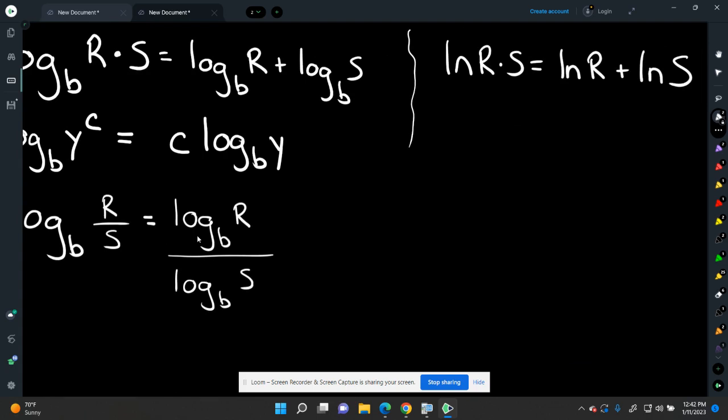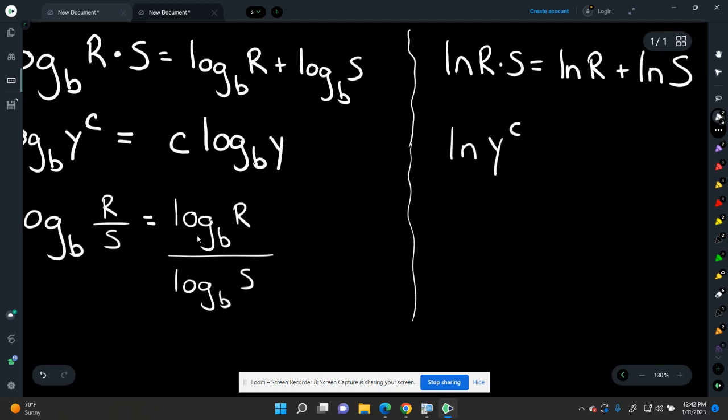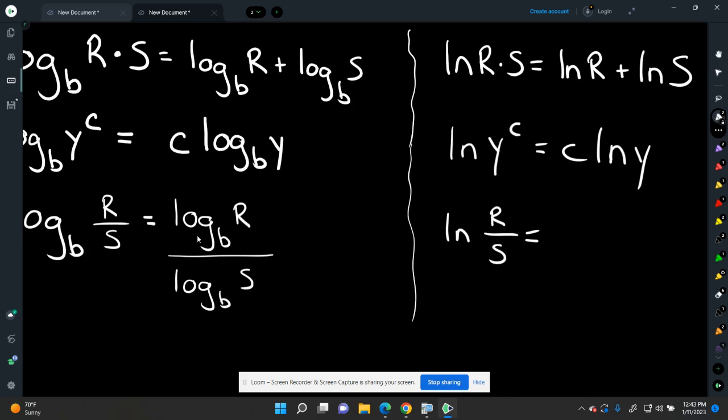Now, of course, this applies to our natural logs also. All of these rules apply to our natural logs, right? The natural log of y to the power of c is equal to c times the natural log of y. Here we got the natural log of r over s can be rewritten as, oops, what did I do?